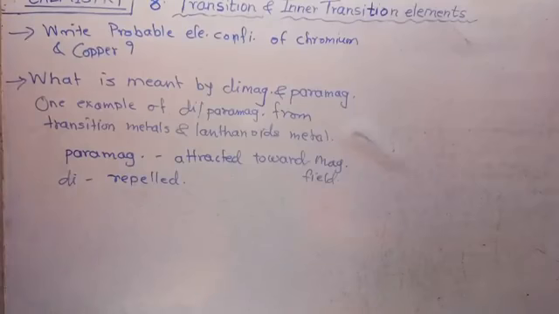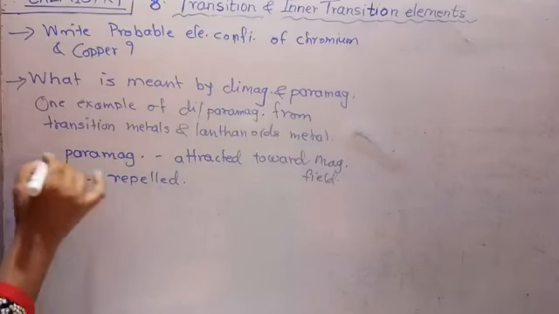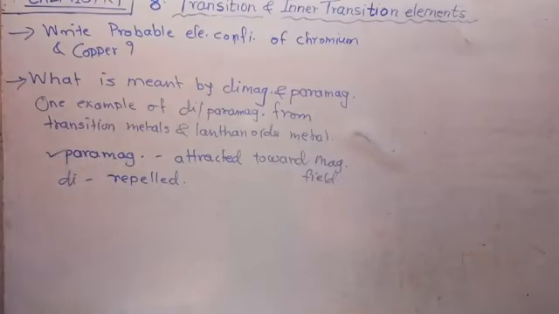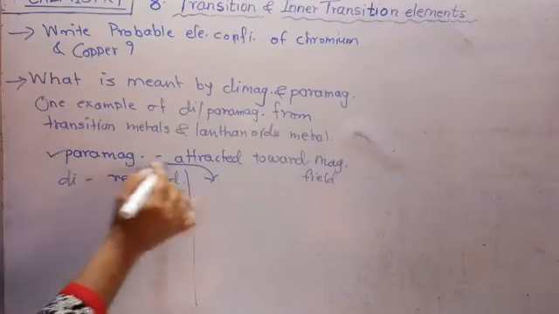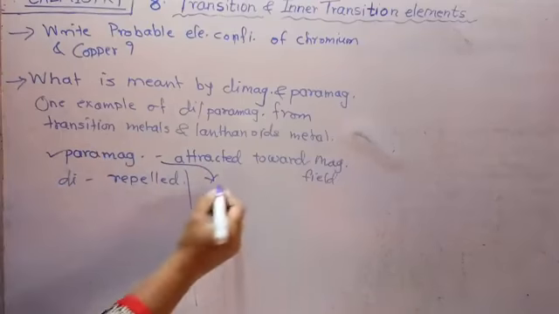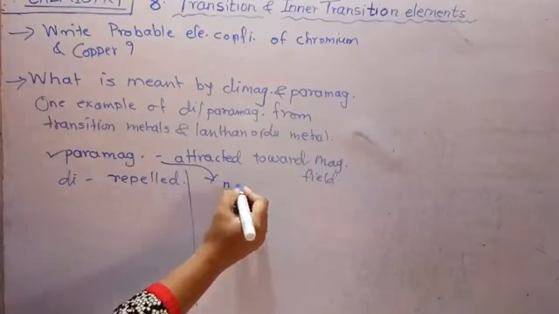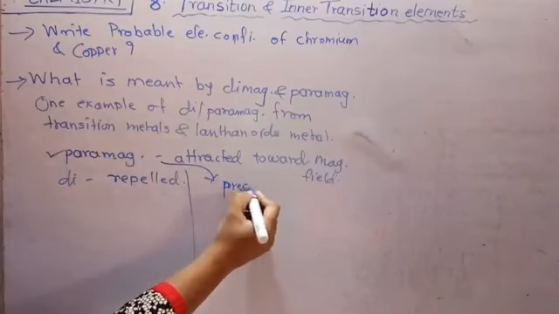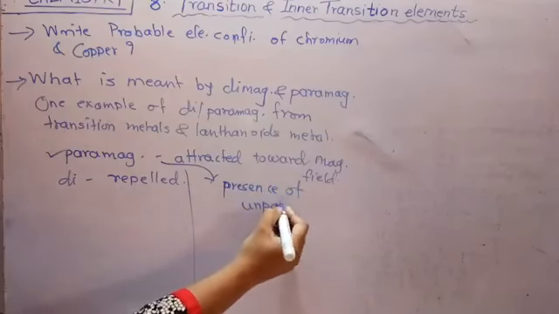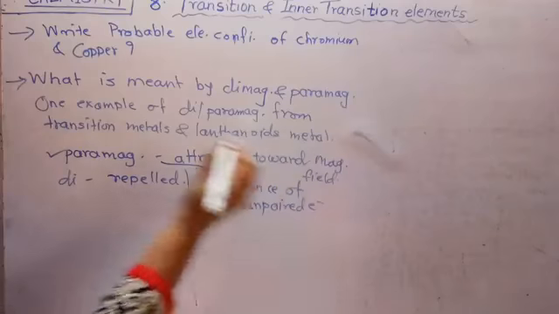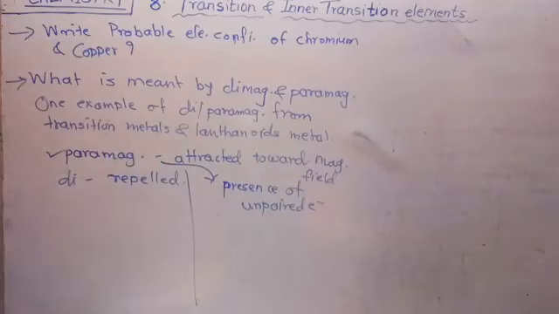Then see that paramagnetism and ferromagnetism arise due to the presence of unpaired electrons in the valence shell of elements.